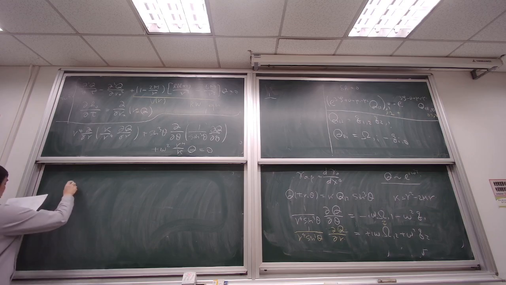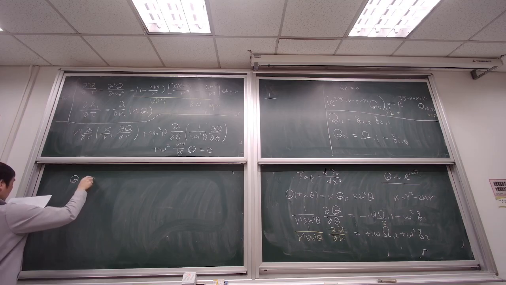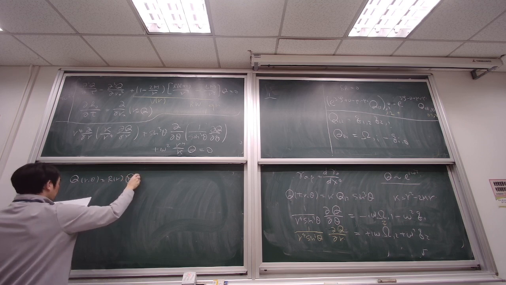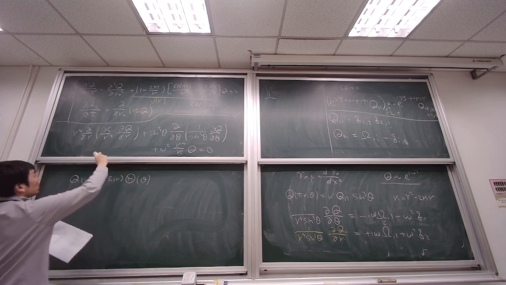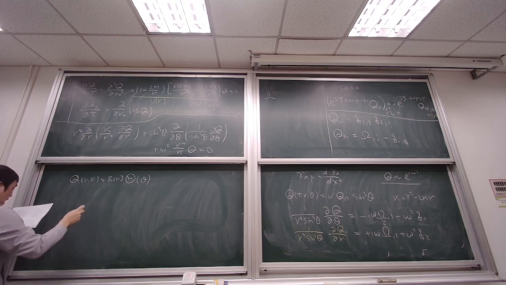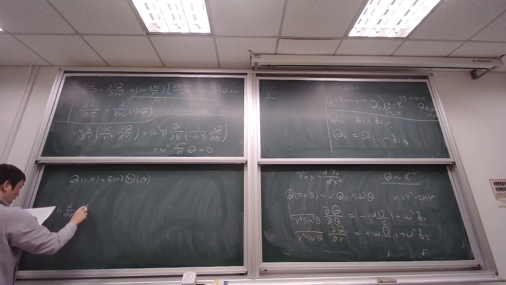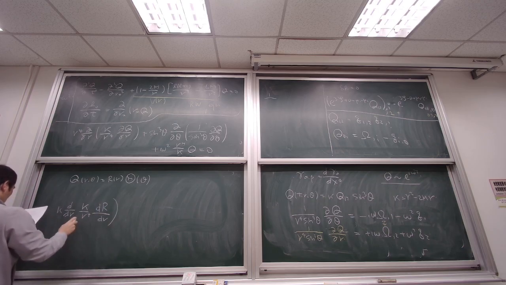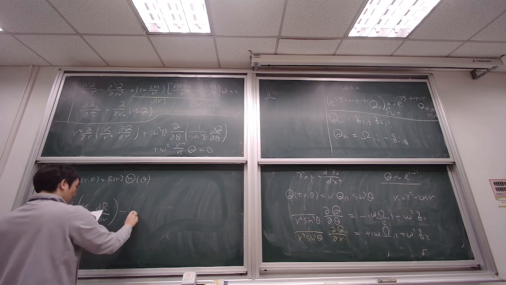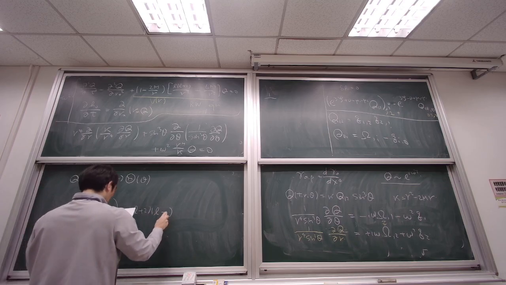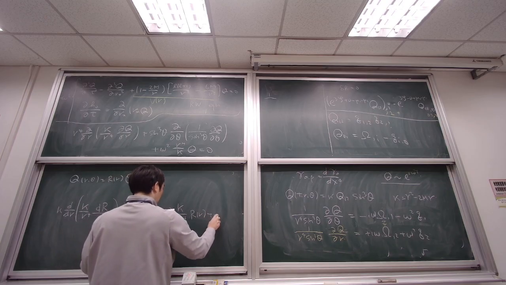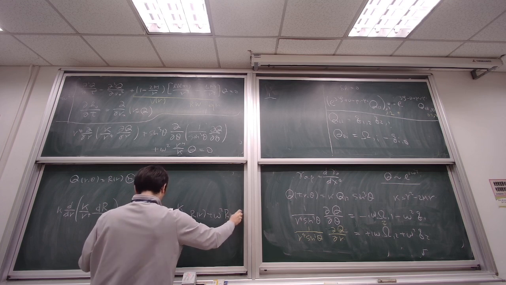So now assume the Q of R theta is R of R, and you just decompose like this way, capital theta of theta. Then this equation becomes like this way. So the theta part is not important, so I just write down like this way. dr kappa R to the 4th, d capital R, dr. Yeah, that's why this perturbation calculation is horrendous, but Chandrasekhar is brave enough to do that. Plus omega square capital R equal to 0.